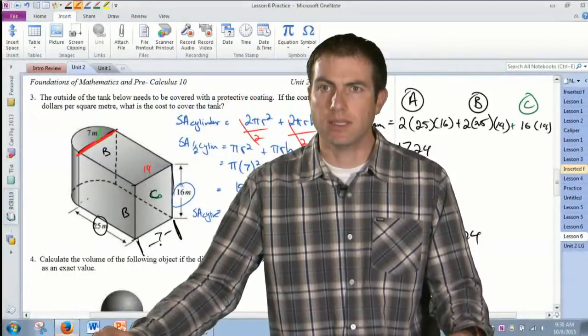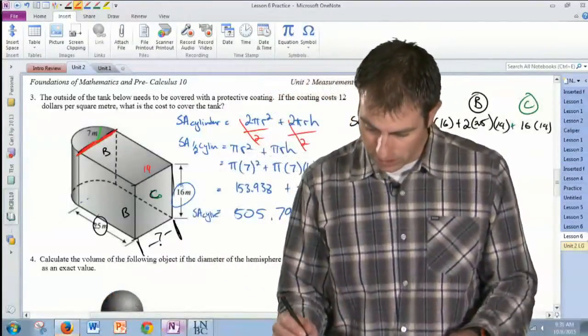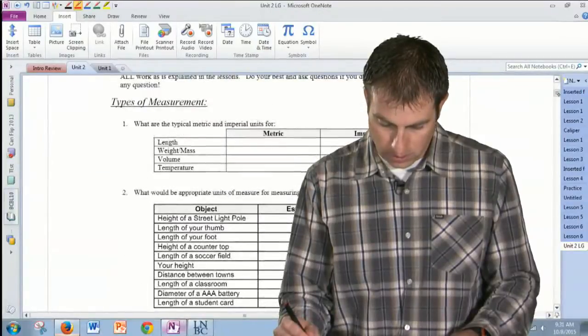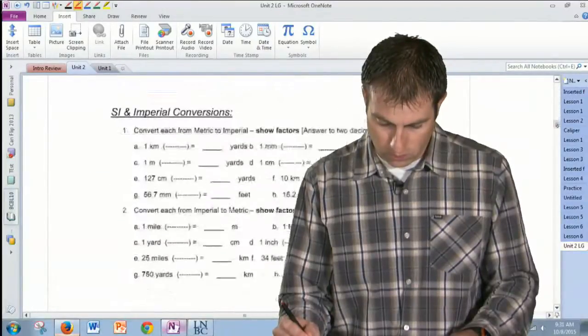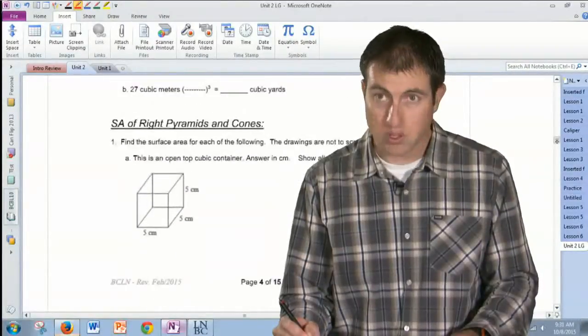The next one I see is the learning guide, volume of right prisms, cones, question C, 1C. So let's go to the learning guide. Surface area of right pyramids and cones.